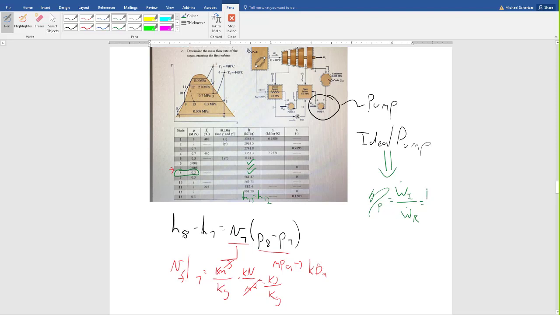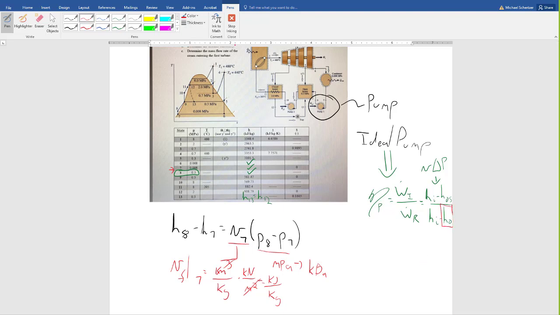This would be H in minus H out ideal divided by H in minus H out. So you'd use this method to get H out ideal. And then, at least here, this would be V times delta P on the top. And then the only thing you wouldn't know would be H out.